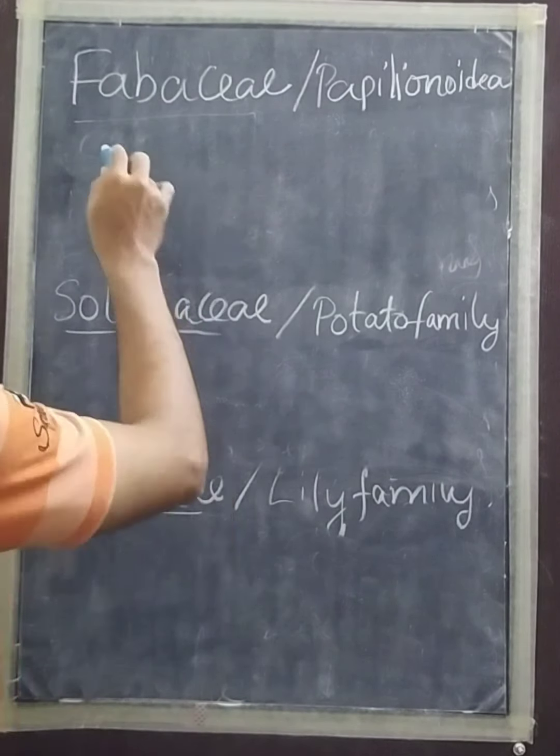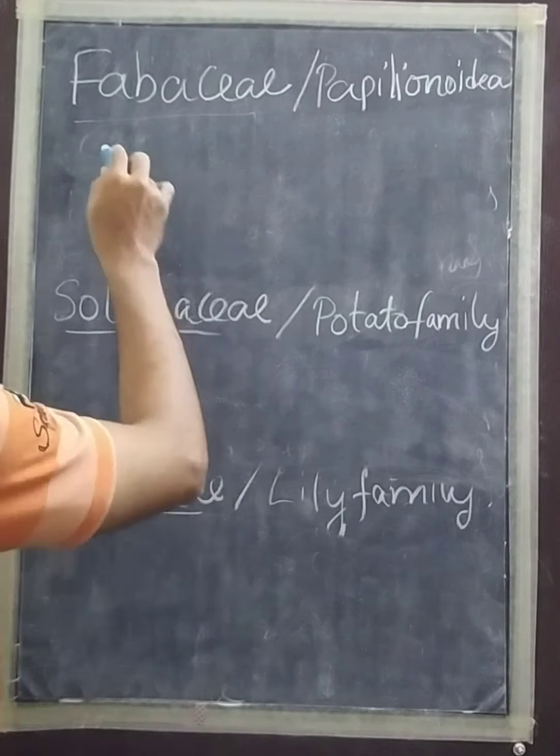The floral formula of Fabaceae: these flowers are zygomorphic. First we represent what kind of symmetry it shows, a zygomorphic type of symmetry. Then the sexuality, a bisexual flower. Then the calyx: 5 calyx, and these 5 are united.